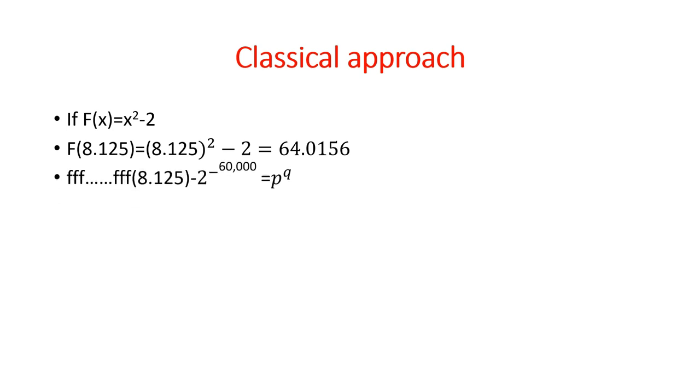Then to find f of this, naturally, we first find f of f, then 3f, then 4f, to go to f 10,000. To find 2f, this is going to be equal to f of 64.0156, because remember f of 8.125 was 64.0156. So from here, we need to calculate this one, and we keep doing that.